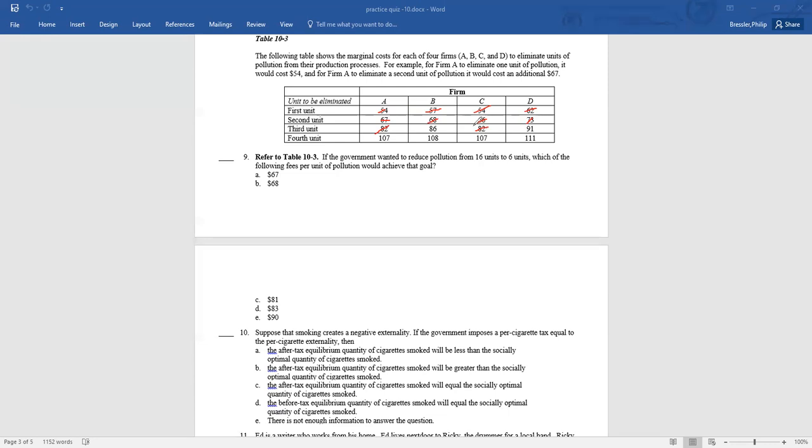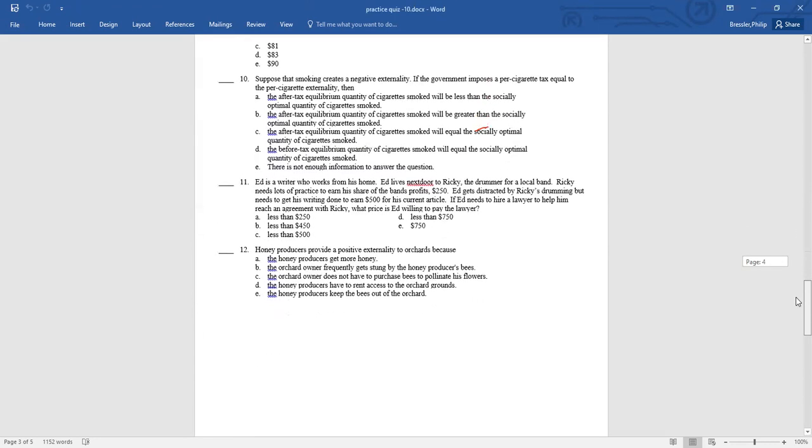All you have to do is go through the process of elimination. If it's 67 or under, that eliminates that unit. Like 68 or under, that eliminates that unit. And you just figure out how many units of pollution they want. Again, I think that's a tricky graph if you've never seen it and the first time you see it is on the test.